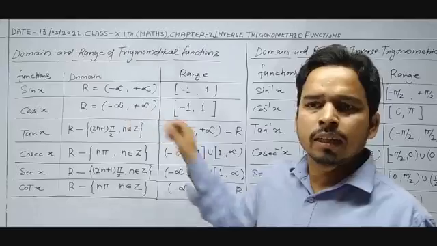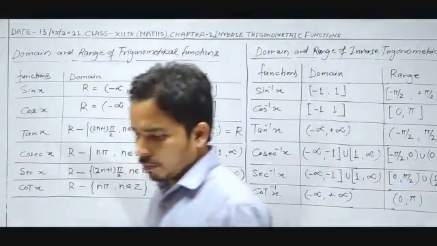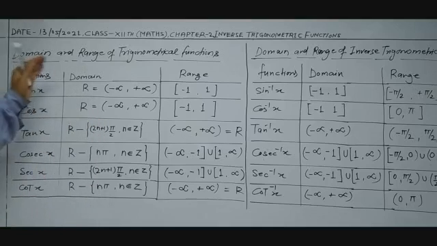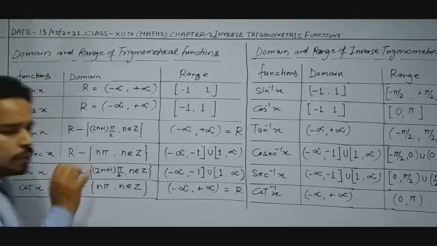If we write it in curly brackets, then it will be in roster form, and by special character this will be in set builder form. This is a topic of class 11, but I have to explain only domain and range. So what is the domain of tan x?